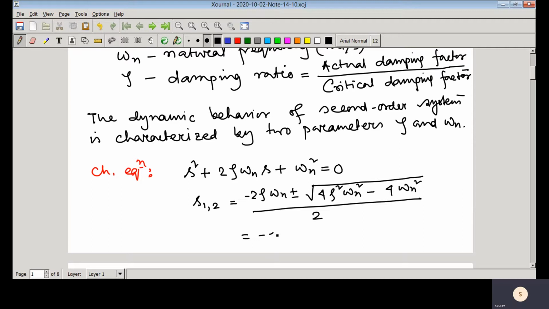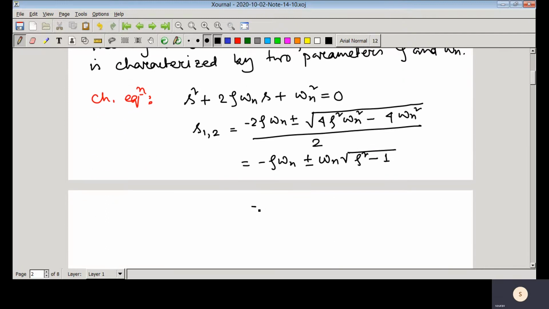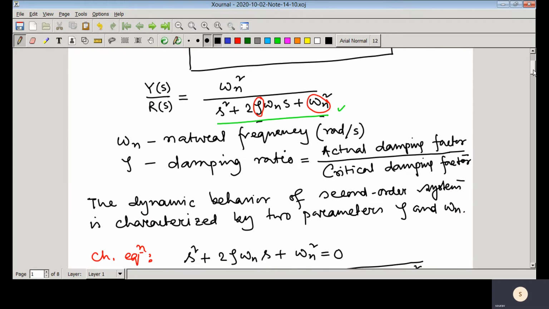So this is equal to minus zeta omega n plus minus omega n root over zeta square minus 1, taking 4 omega n square common. We can also represent it as minus zeta omega n plus minus j omega n square root 1 minus zeta square. So these are the two poles of this second order transfer function.